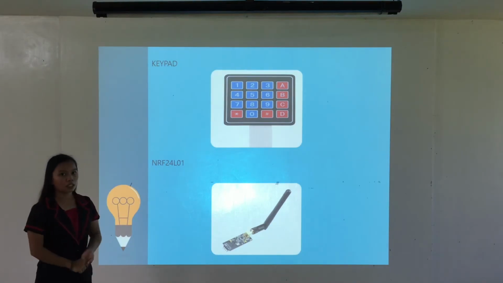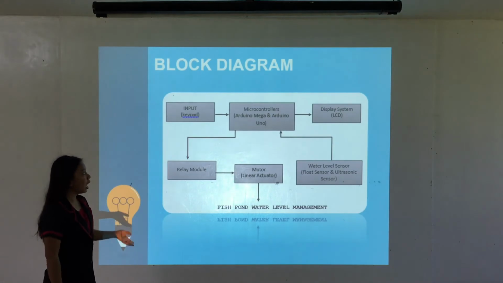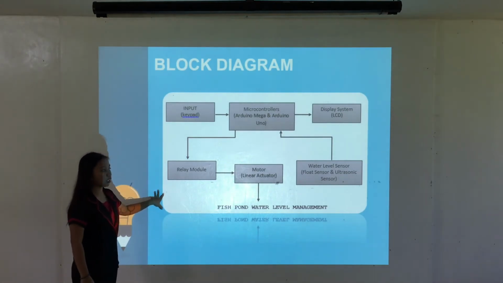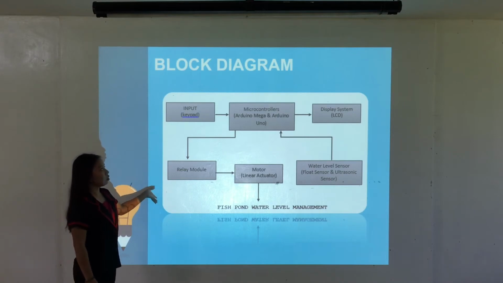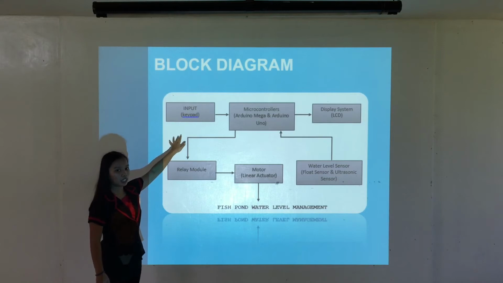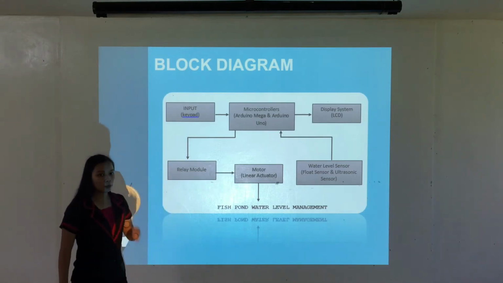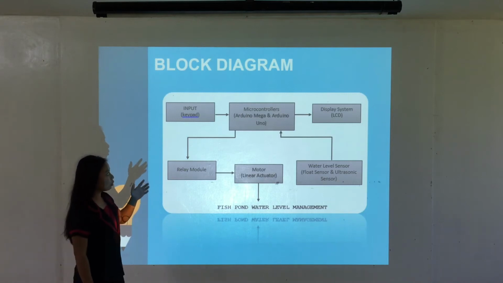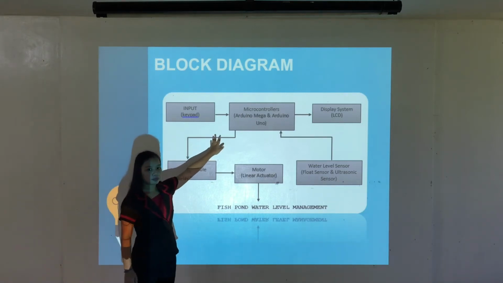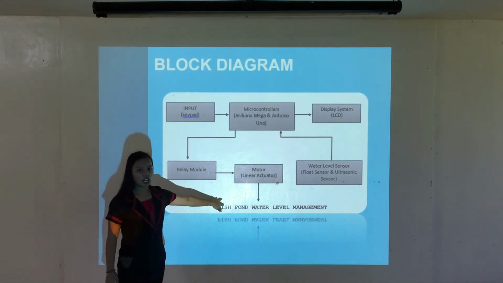So next is the block diagram of the fish pond water level management system. This figure shows the process of the fish pond water level management system. The user can select the needed command by using the keypad. The water level sensor, which is the float sensor, will provide a signal to the microcontroller in controlling the relay module and the linear actuator.